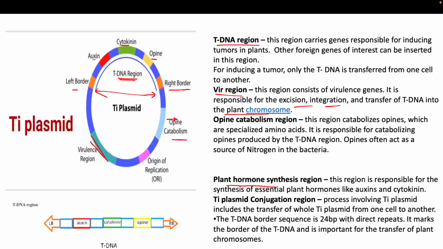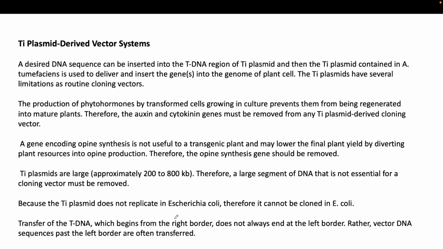Then the transfer of T-DNA, which begins from the right border, doesn't always end at the left border. Rather, vector DNA sequences past the left border are often transferred. Sometimes the left border is also required, but as I told you earlier, experiments have shown that when you delete the right border, the transfer process is inhibited, but this is not the case with the left border sequences.